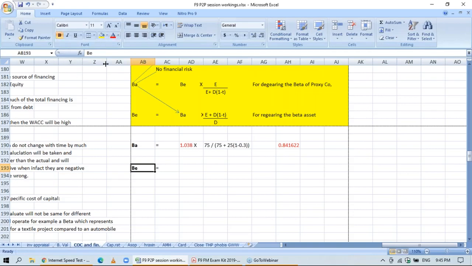So in this case, look what I did first. First I used this formula to de-gear. These equity and debt plugin figures all belonged to the proxy company in the supposed automobile industry.